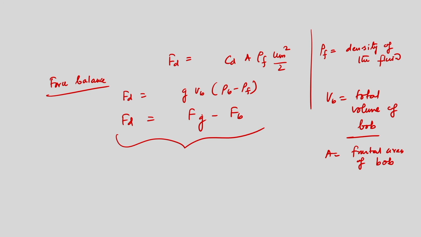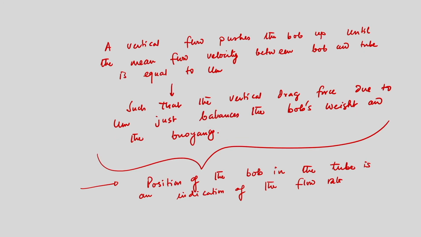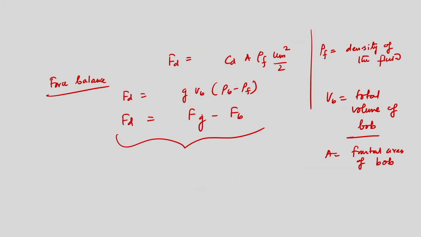Because, as I said if I go back to my previous slide, the position of the bob in the tube is an indication of the mean flow rate. Now, this Q, I can write Q is equal to A into um.